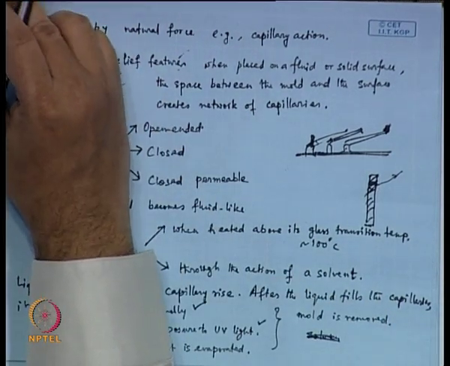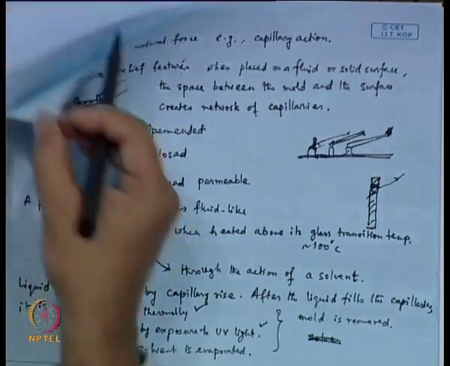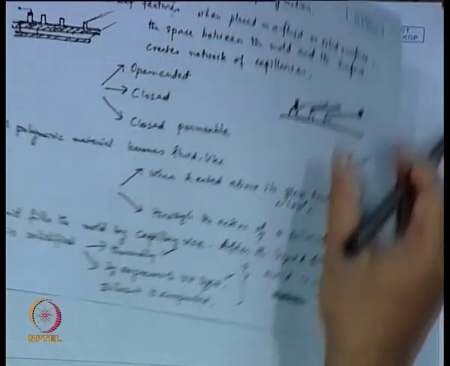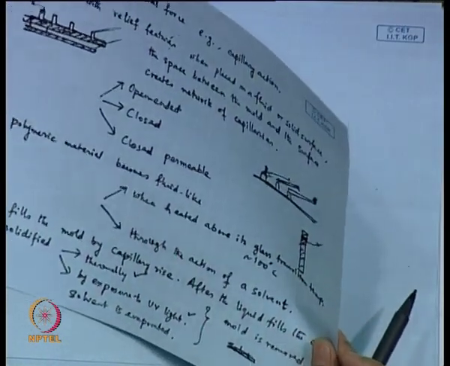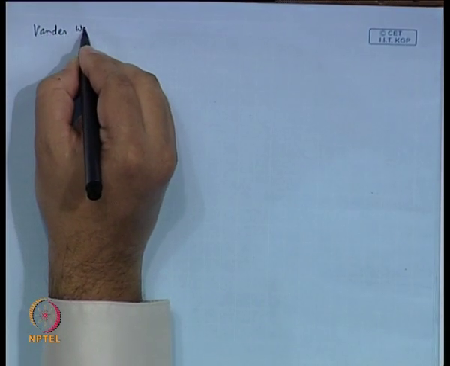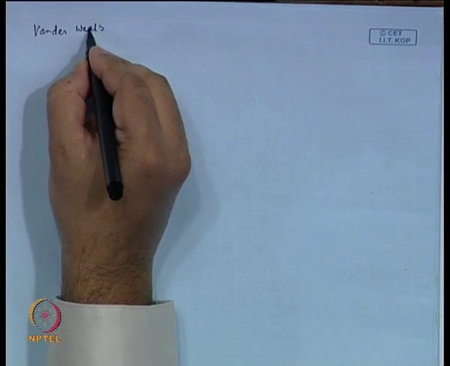Now, there is another force other than the capillary force which can also be used for patterning, but this is probably done when the feature size is smaller. That is the use of van der Waals force.